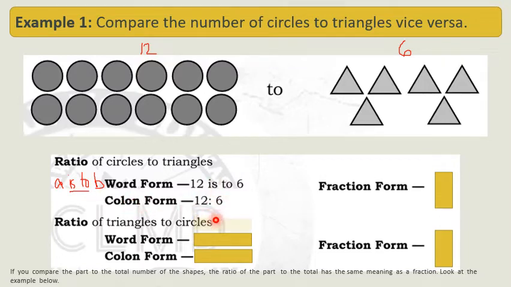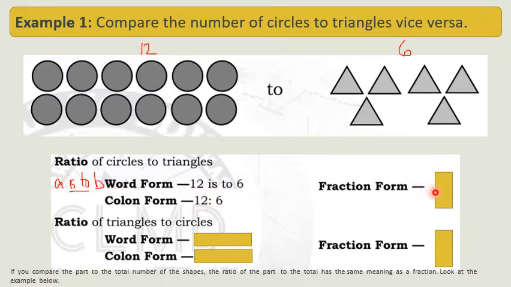So, yan, nakikita niyo may dalawang tuldok o yung tutuldok sa Tagalog. So, colon sa English. So, sa halip na isusulat niyo pa yung is to, pwede na siyang yung tutuldok natin or yung colon. So, ang basa pa rin dito is 12 is to 6. Ang ginagamit na lang natin dito sa colon form is yung colon.